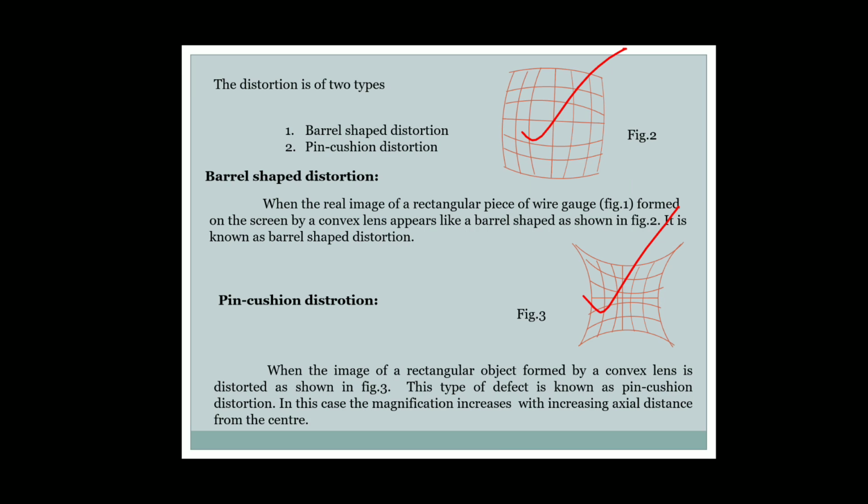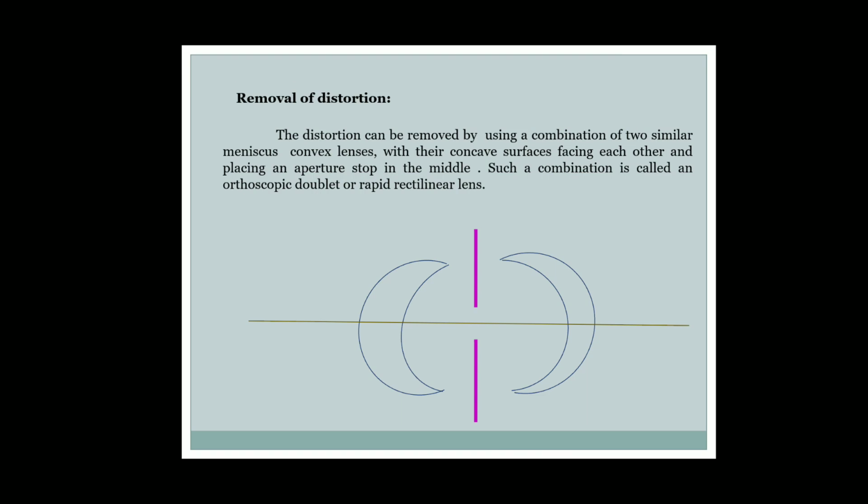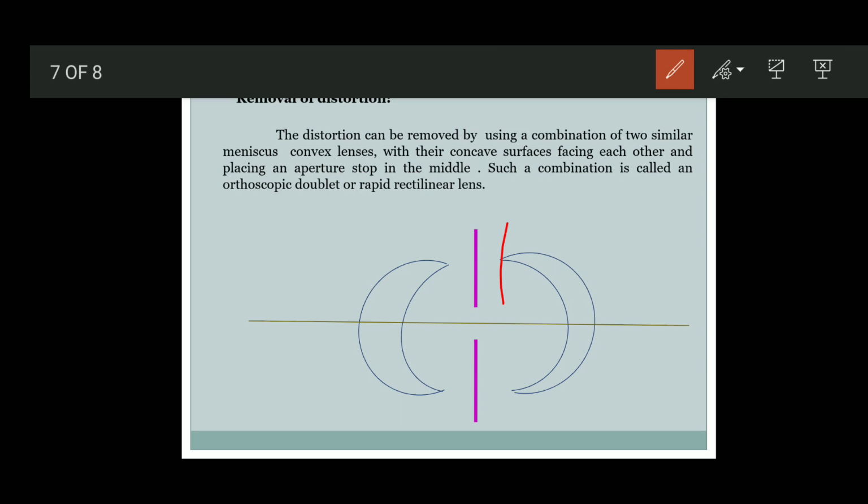How can we eliminate this distortion? Two similar meniscus concave lenses placed opposite to each other, or convex lenses placed whose concave faces face each other, and a small slit or stop or aperture placed in between them, can minimize the distortion.